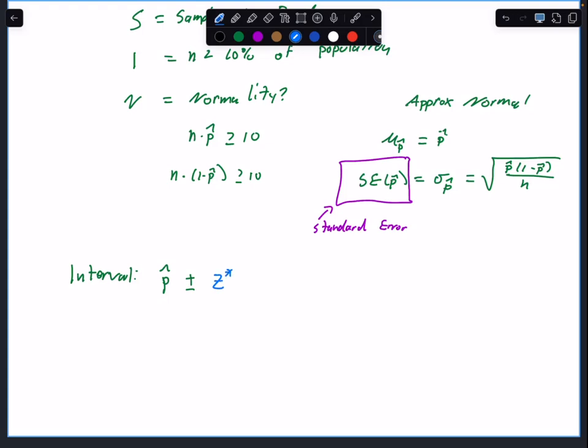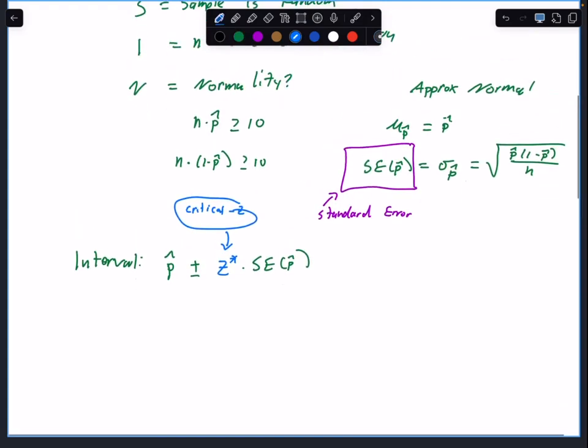Sometimes people will call this the critical z. So in some of the notes or some of the Desmos, you might see it as z with a little c on top. I like to use a star for the critical. Star means critical, okay? Times the standard error of p hat.